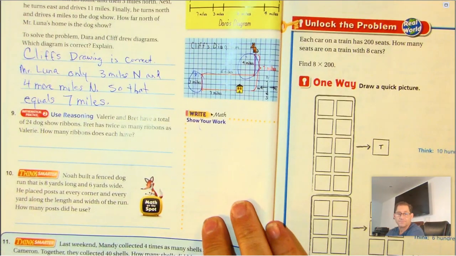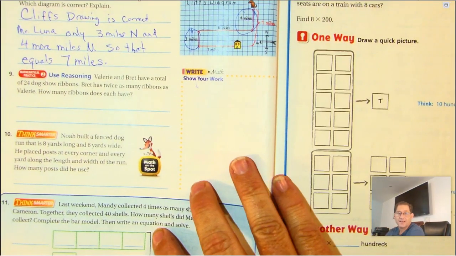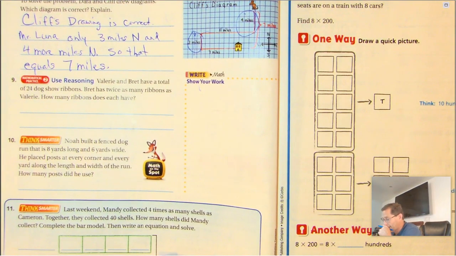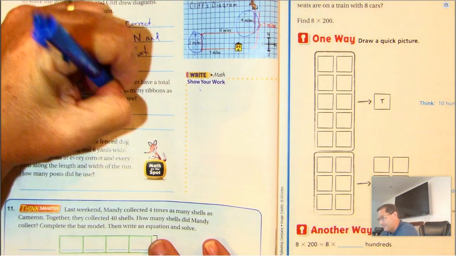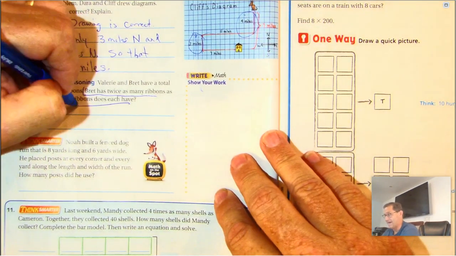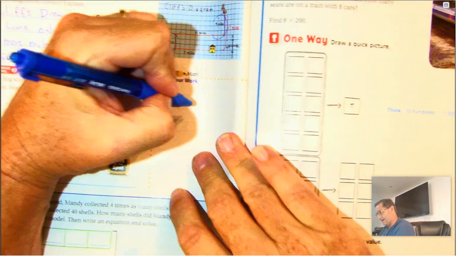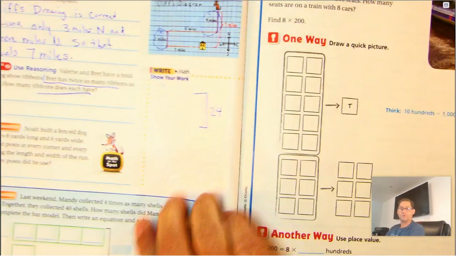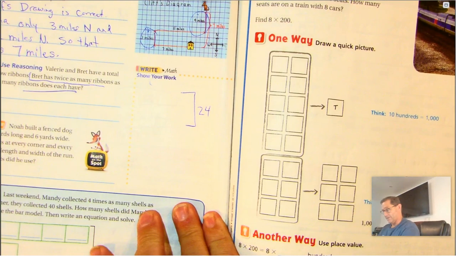All right, number 9, use reasoning. Valerie and Brett have a total of 24 dog show ribbons. Brett has twice as many ribbons as Valerie. How many ribbons does each have? All right, so we know that they have a total of 24. They have 24 ribbons.